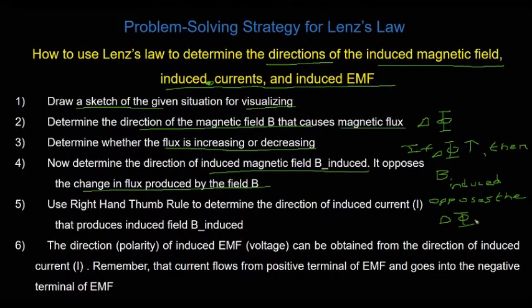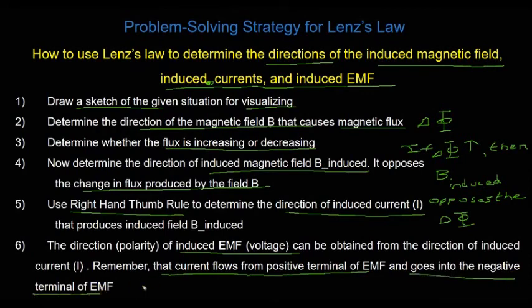So if delta phi is increasing, then the B field will be in such a direction that it is decreasing the flux. Then once you know the direction of B induced, we're able to use the right hand rule to figure out the direction of induced current. And once you know the direction of induced current, you can find out the direction of induced voltage or induced EMF, and you just have to use the concept that current flows from the positive terminal to the negative terminal.